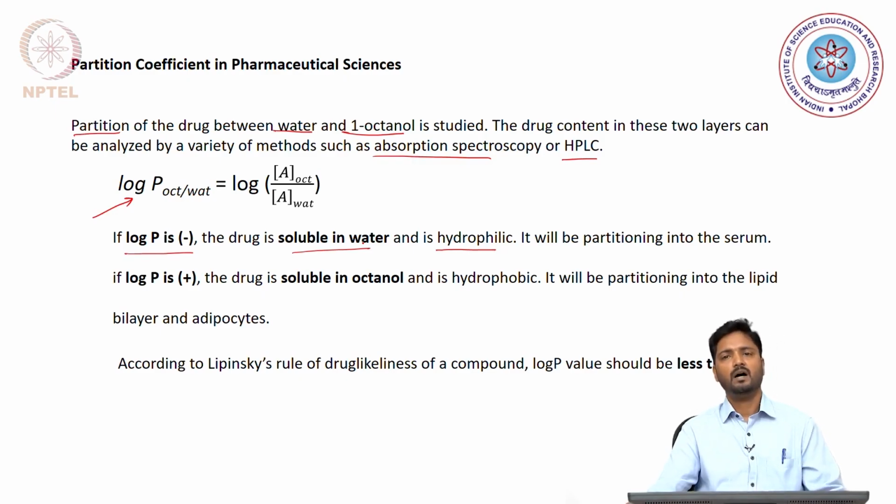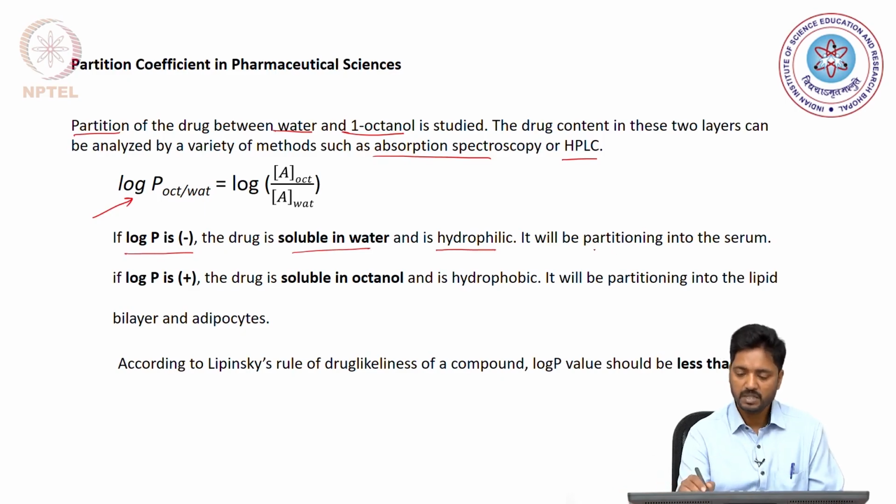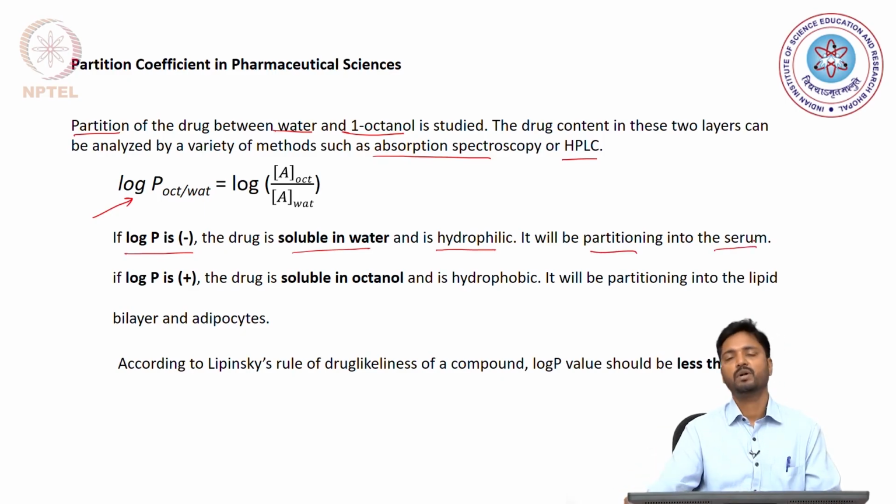And a biological effect of a negative log p value is that the drug molecule now would like to remain in the aqueous environments or aqueous compartments present in our body and cells. So, for example, the drug will be partitioning into the serum more effectively and may have difficulty getting into the hydrophobic compartments of the cell.